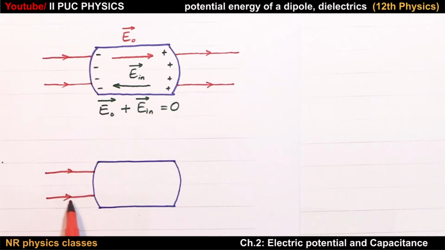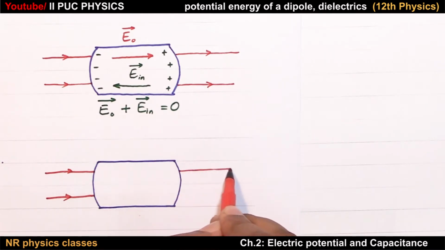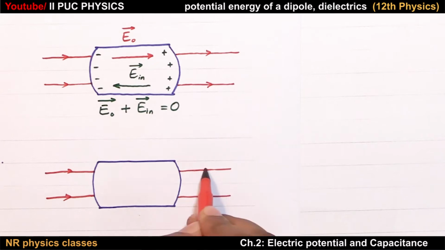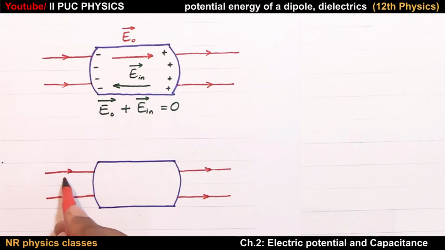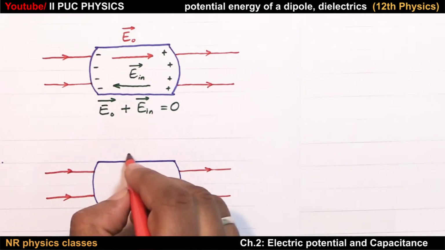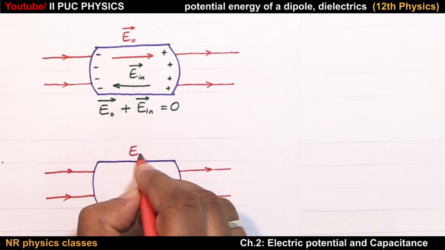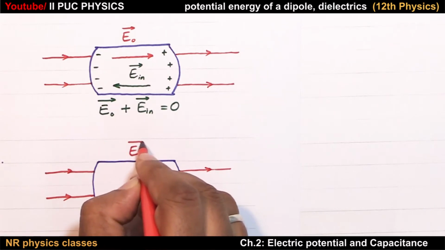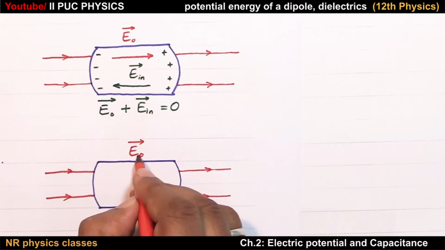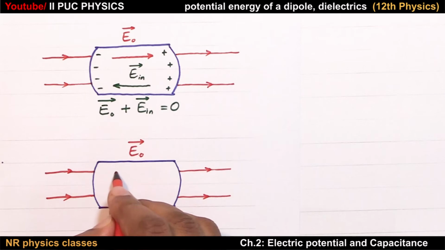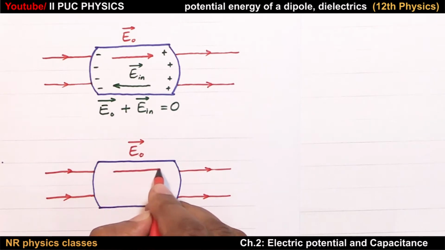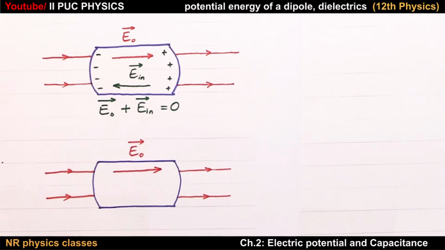Just like the previous case, because of some arrangement, we can apply an electric field, and this is the external electric field. So let me write E outside, and the direction of this is determined by the externally applied electric field. So this is E0.